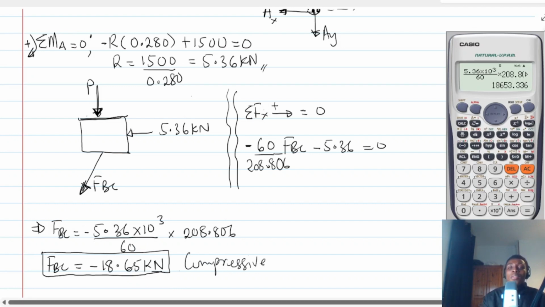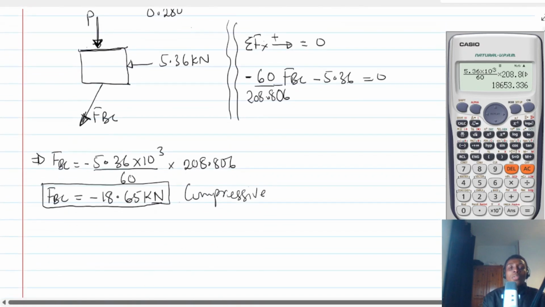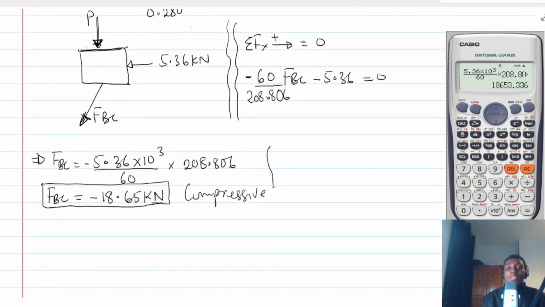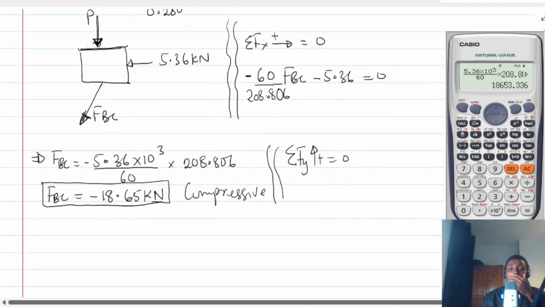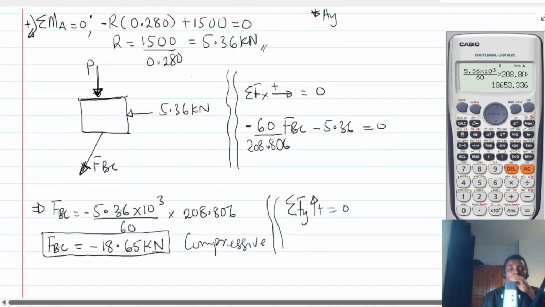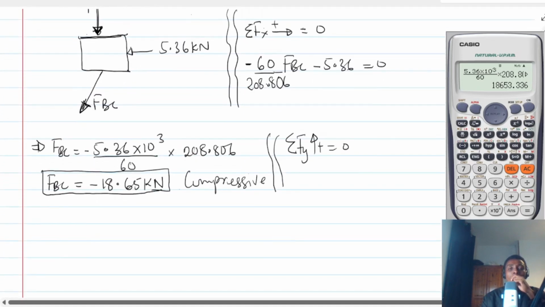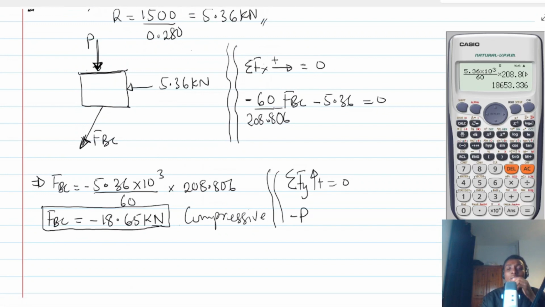So let's sum forces along the y to be 0. What do we have? We have the component of, so minus P, because P is coming down, and then the component of FBC along the y direction.